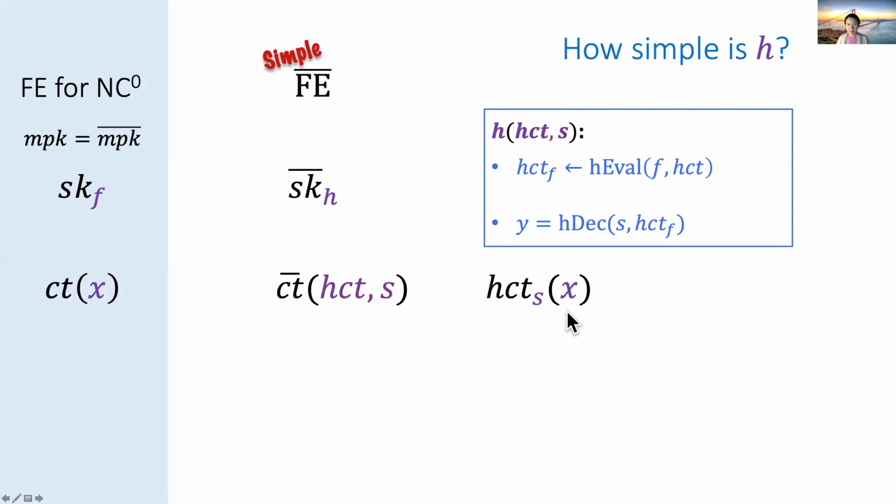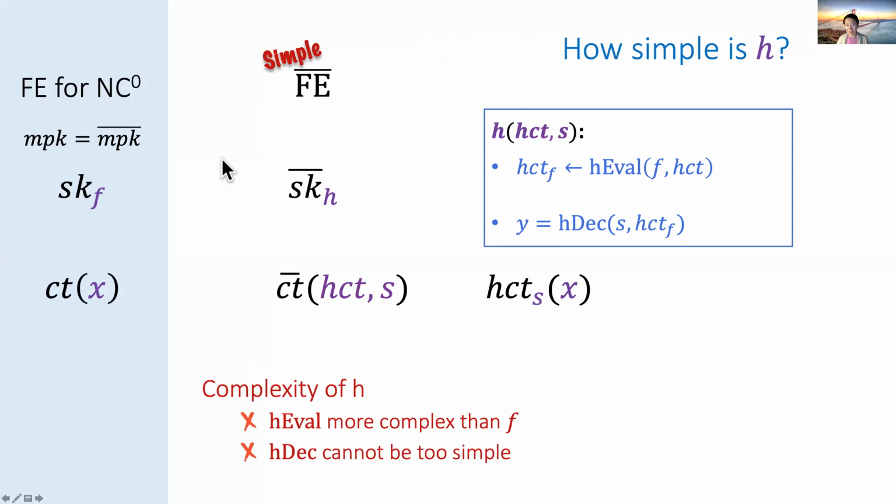Unfortunately, we need to examine really how simple this function H is. Remember that our motivation is to use a FE scheme for simple functions so that we can start from something simple to go to something more complex, which is for evaluating arbitrary NC0 functions. So how complex is this function H really? Well, it turns out that at the moment it's rather complex.